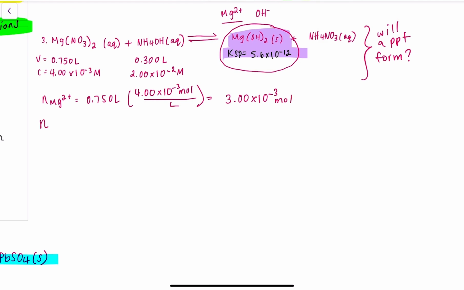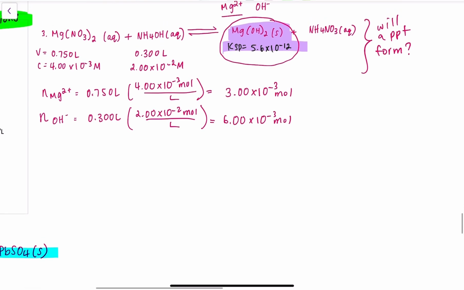And same thing for the moles of my hydroxide. So I will do 0.300 liters times 2.00 times 10 to the negative 2 moles per liter. And that will give me 6.00 times 10 to the negative 3 moles.